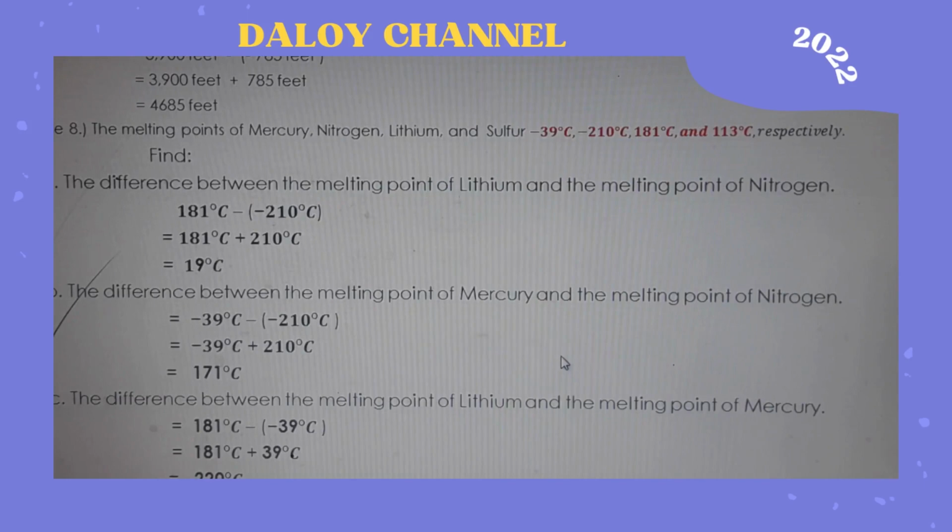So the statement becomes 181 degrees Celsius minus negative 210, which is plus 210 degrees Celsius. Again, there's a correction here.